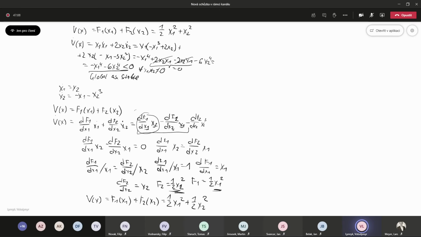And this is greater than 0 for all x1, x2 not equal to 0.